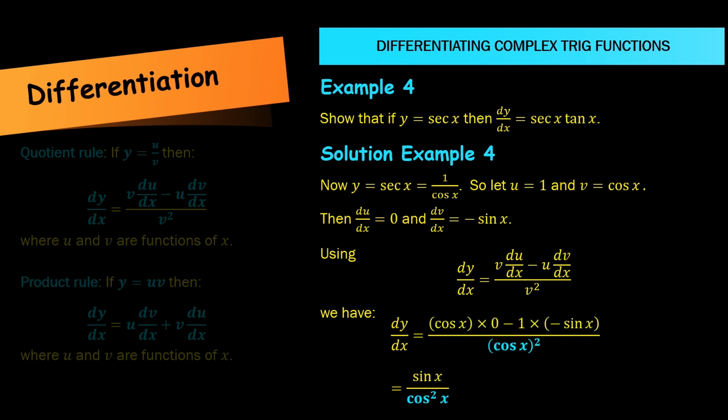However, we want to keep an eye on what we're being required to prove. Notice that we're required to show that dy/dx equals sec x times tan x. So let's see if we can re-express this in another way.